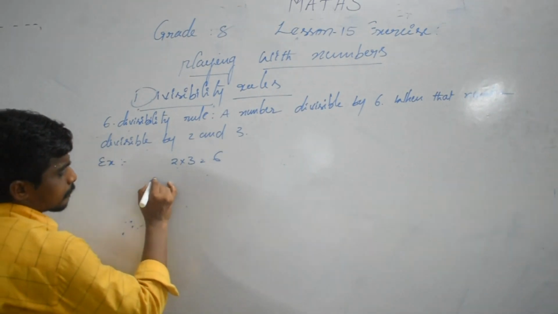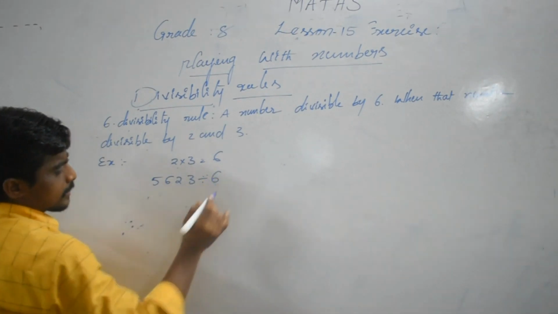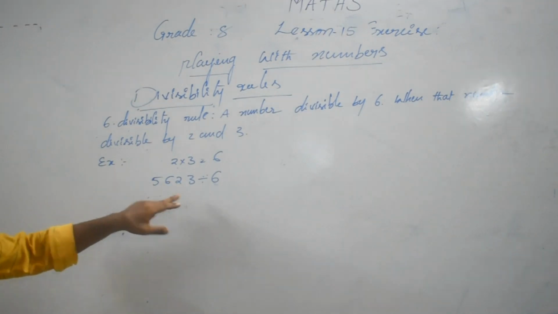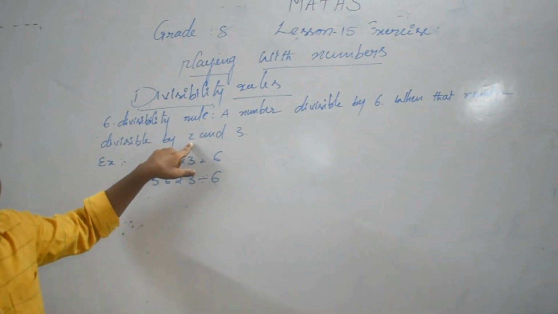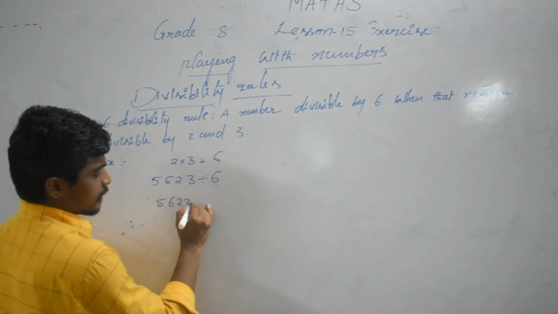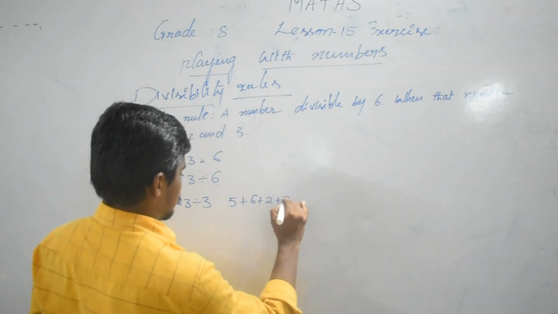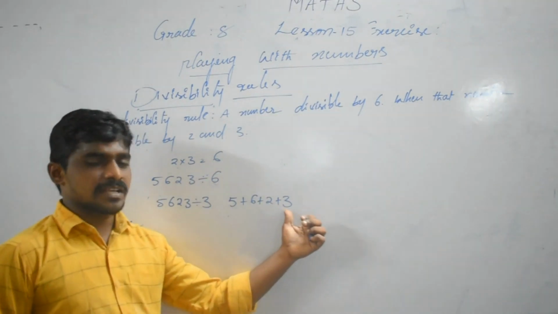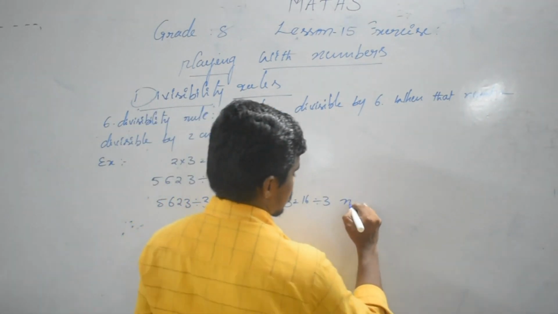So here, is 5623 divided by 6? This number is divisible by 6 when that number is divisible by 2 and 3. 5623 divided by 3, you check. 5 plus 6 plus 2 plus 3. 5 plus 6 is 11. 11 plus 5 is 16. 16 divided by 3 is not divisible.